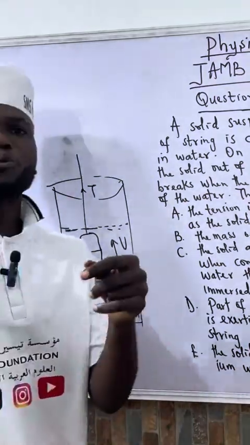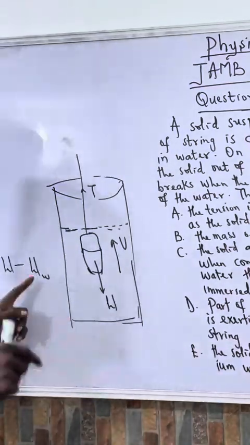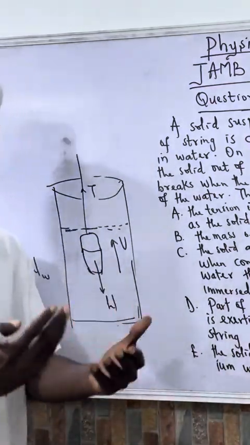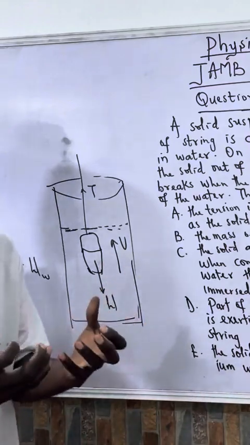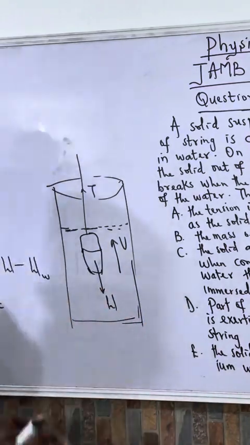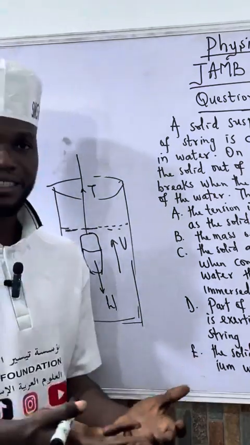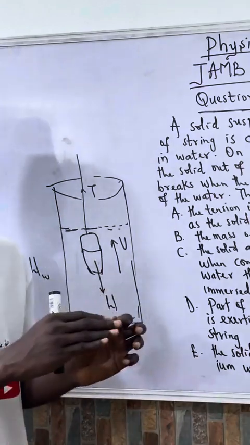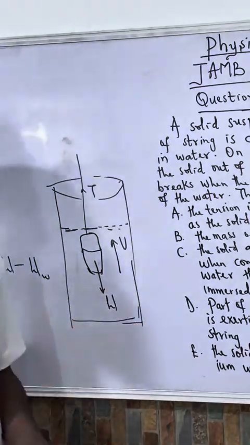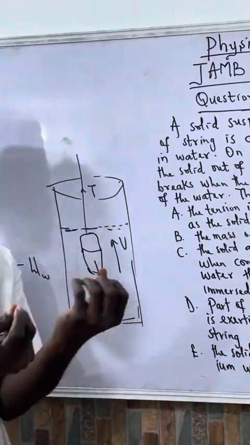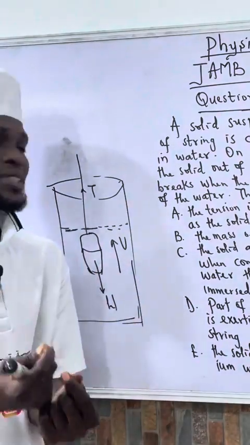When an object is completely inside water, the buoyant force will increase, so the weight of the object inside the water will increase. That's why the object always feels lighter.